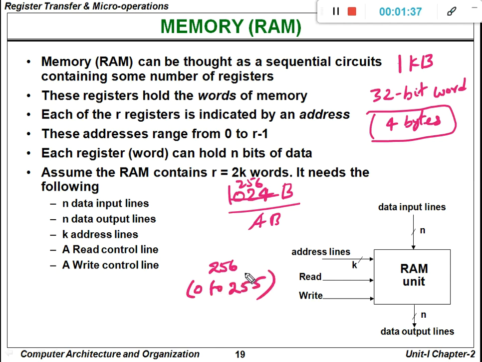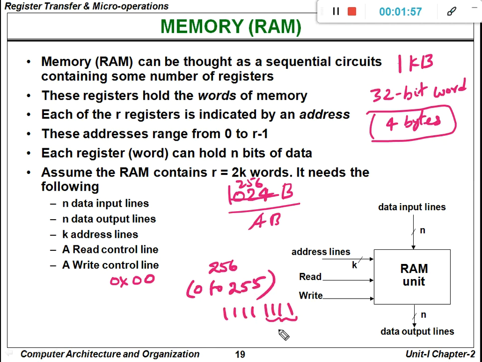As we already discussed, we are going to represent the addresses in hexadecimal format. So 0 is represented as 0x00. What is the value for 255? 1111 1111.